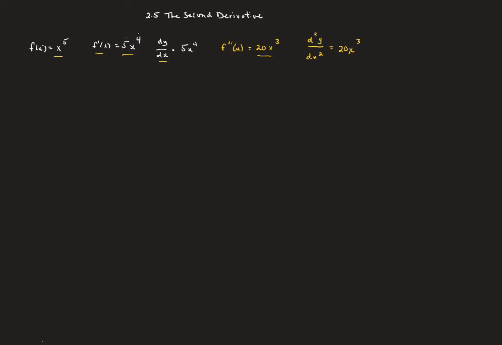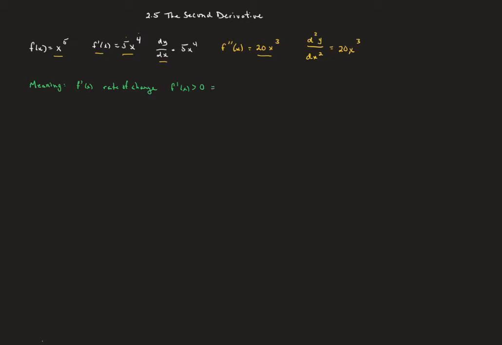Now let's talk about the meaning of these various things. So first let's recap or consider the meaning of f prime of x. So f prime of x, remember, is the instantaneous rate of change of f. So what we get from that is when f prime of x is positive, then we know that our function must be rising from left to right.